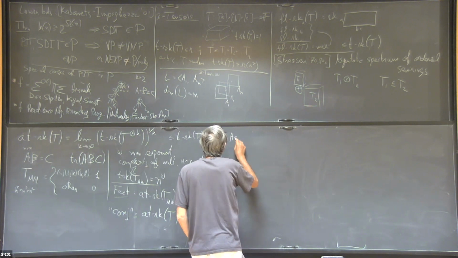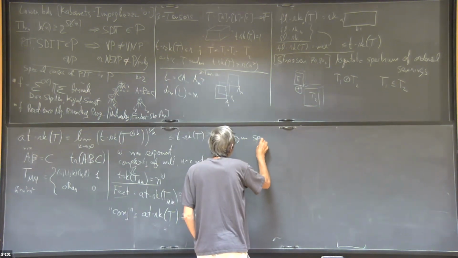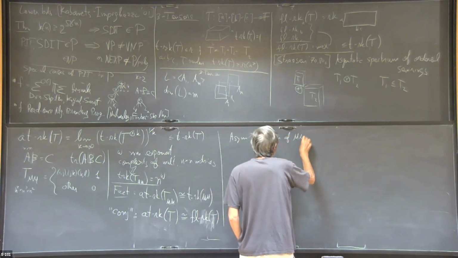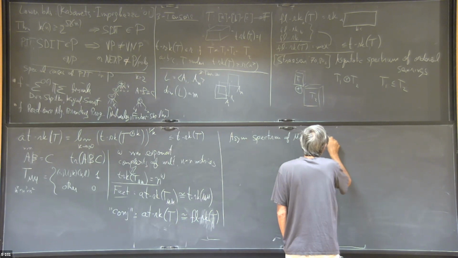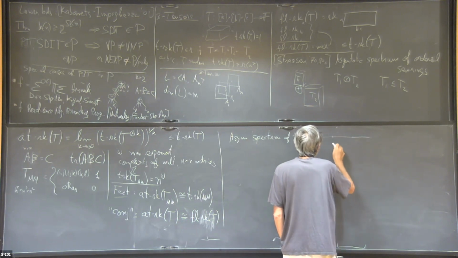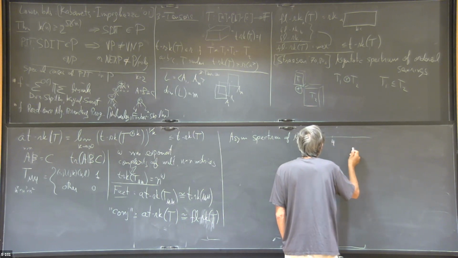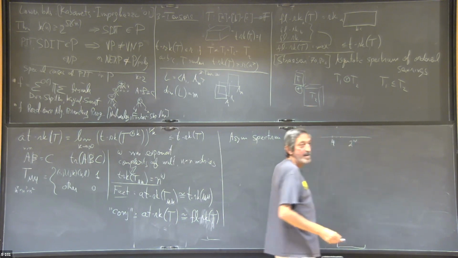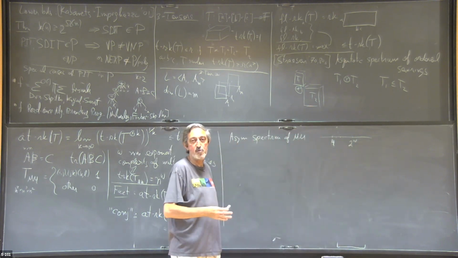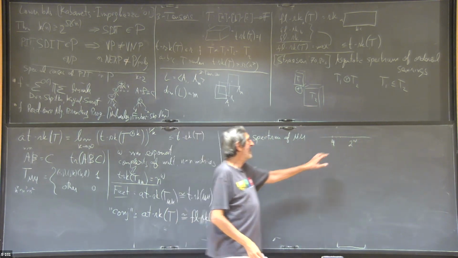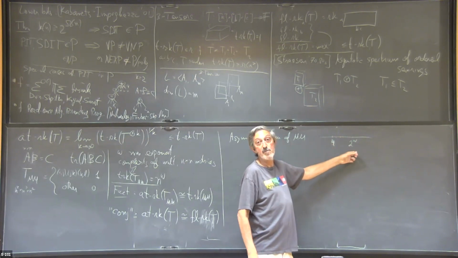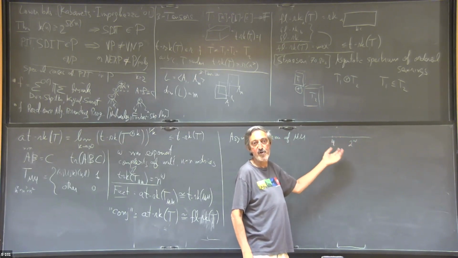So asymptotic matrix multiplication is a very simple situation where we know that it's a set somewhere on the real line. It's not hard to see that it's a set in the real line between 4 and 2 to the omega. If omega is 2, then it's just 1 point.